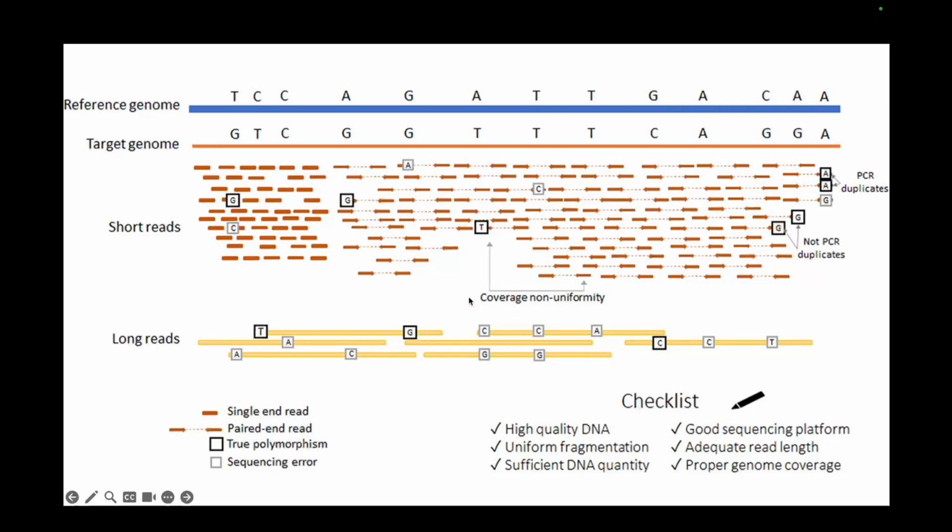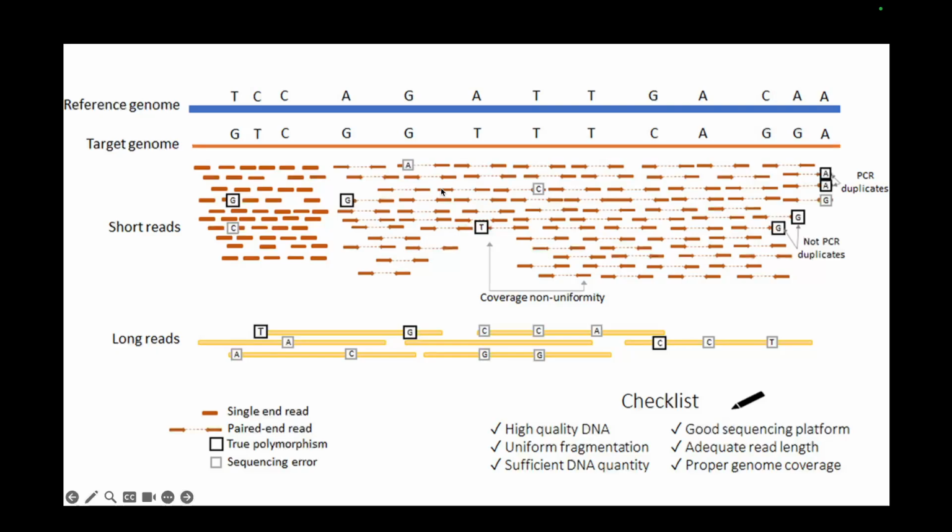Another issue is non-coverage or less coverage, or rather, non-uniform coverage. Say there is a high coverage of reads here and a very low coverage of reads here. Let's not talk about coverage, let's talk about depth.